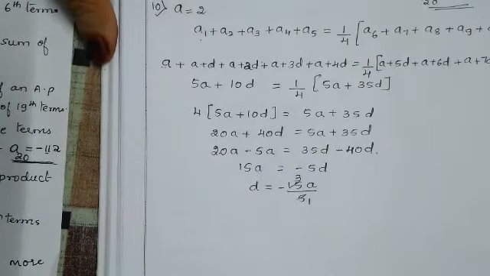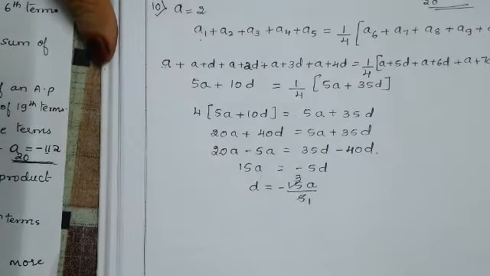In the question the first term is given, A is 2. So D is equal to minus 3 into 2, 3 twos are 6. D is equal to minus 6 we got.